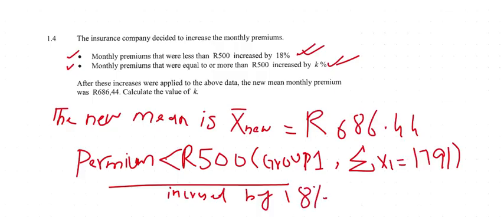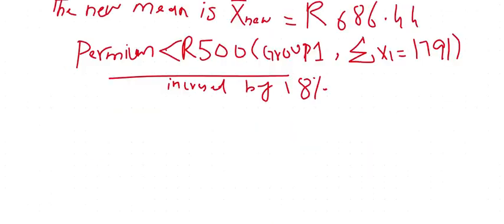So what is the next premium we have? Okay, which is greater than or equal to R500, and we say that it is group 2. All right.